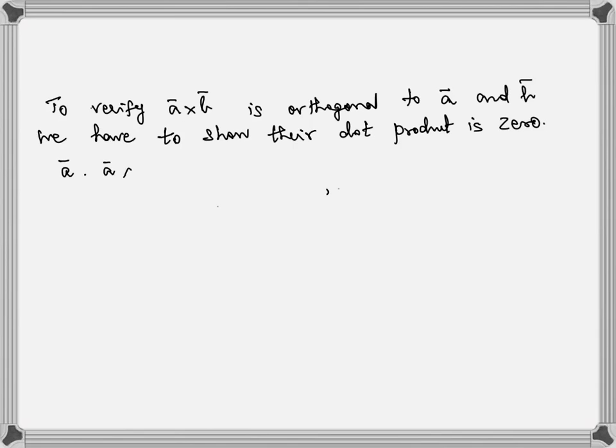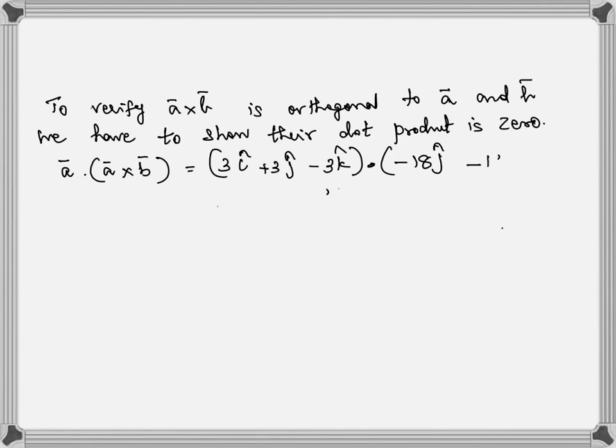Let's do A dot A cross B first, which means we multiply the corresponding components and add, and the result should give us 0. So it is 3i plus 3j minus 3k dot product with the components of A cross B from the previous part, negative 18j minus 18k.